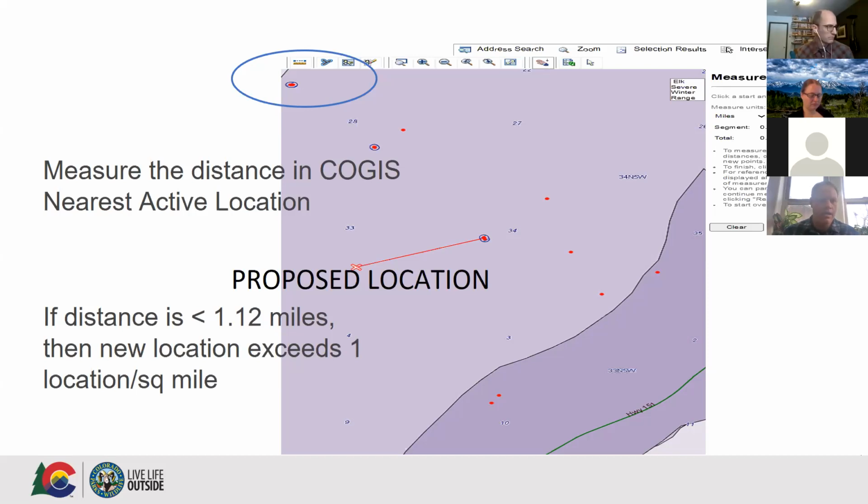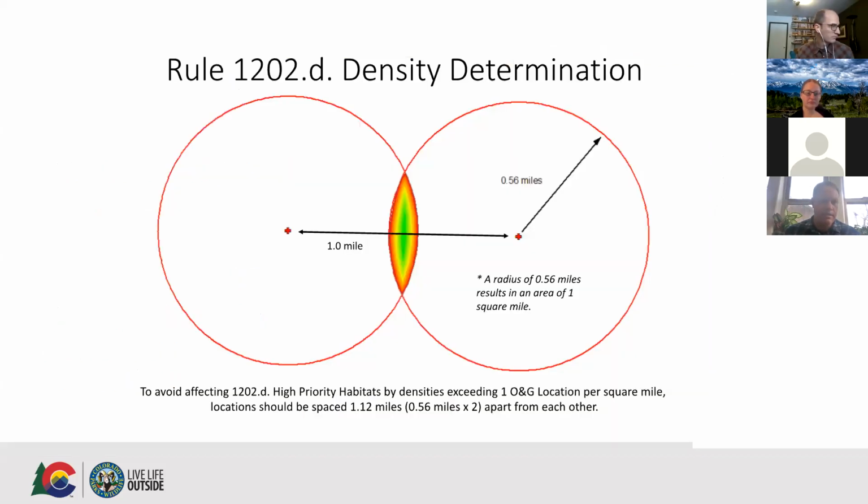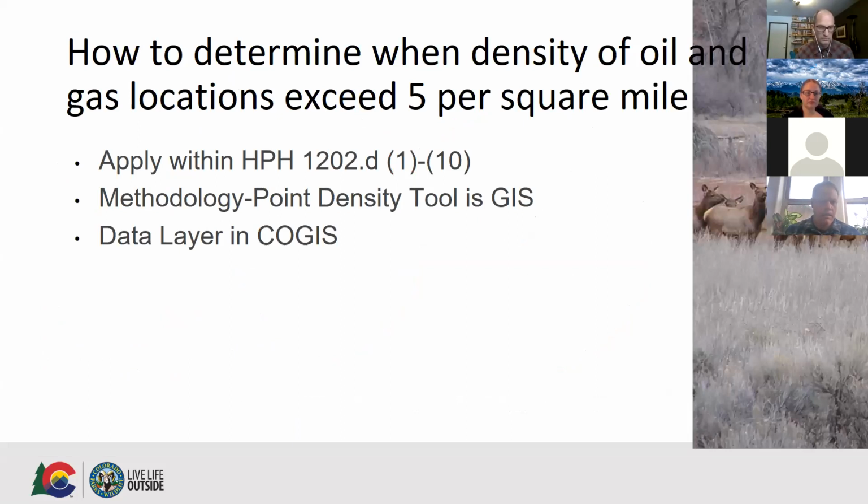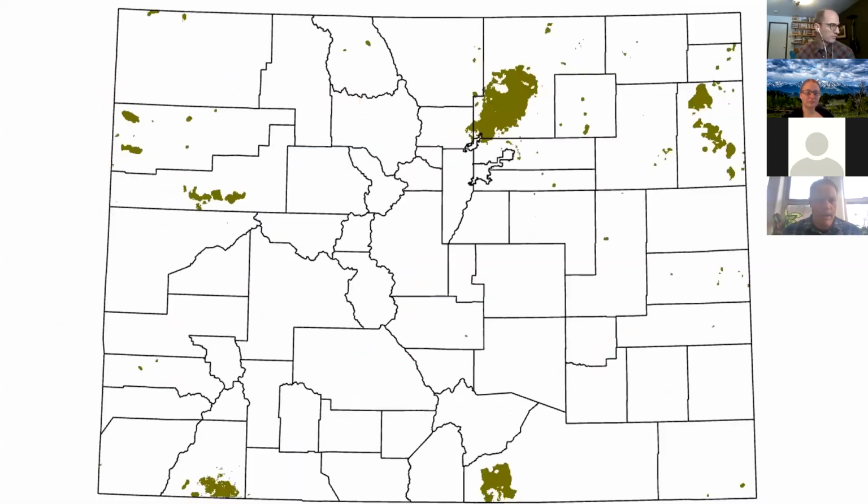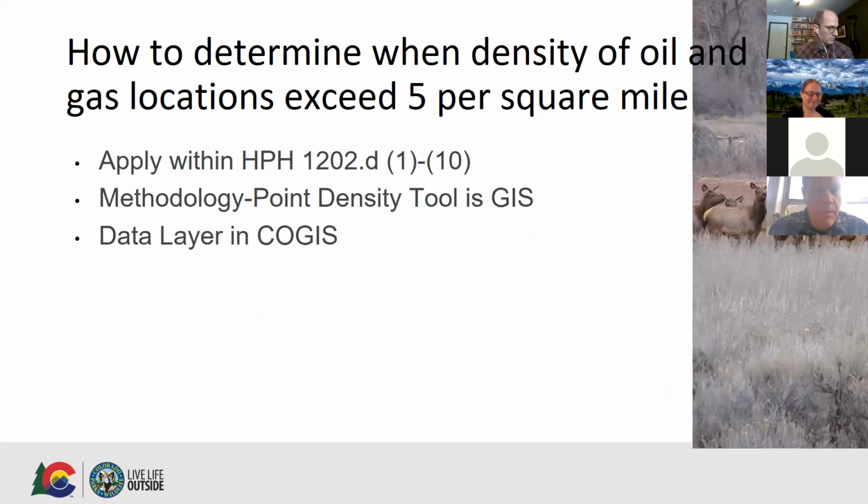So Hannah, can you click forward 2 slides? So, go back 1. So how are we going to determine the density of oil when the density exceeds 5 per square mile? And this again applies to those 10-ish habitat types in 1202D.